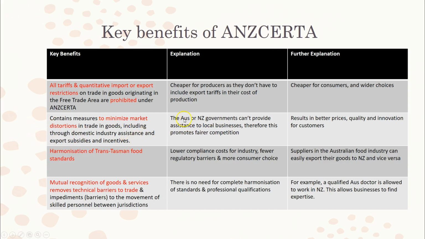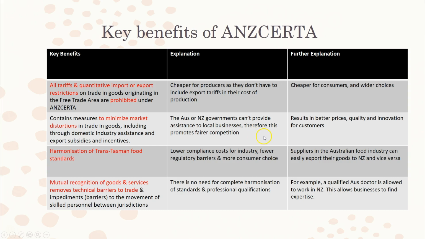What does that mean? It means the Australian or New Zealand governments can't provide export subsidies, incentives or assistance to local businesses anymore. So when you are competing with each other, it's definitely a fairer competition. None of the local producers of either country will have an artificially inflated advantage, or be helped by the government.